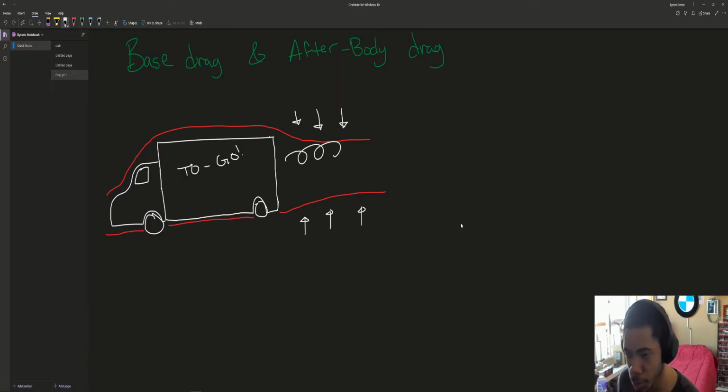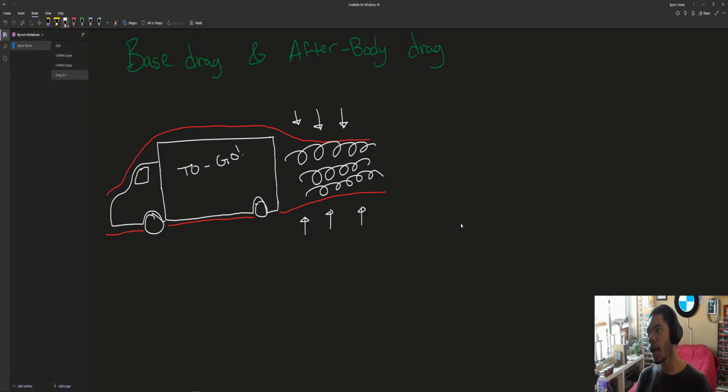So you have separated flow. And the separated flow means that you have this existing low pressure region, because the air didn't get back together there to go back to the same speed as it once was in the front. Remember we talked about D'Alembert's paradox? The idea is that if you start with a certain amount of volume and mass of air in front of the truck, if it gets to the back of the truck, you should have the exact same conditions. But due to things like separation, that's not always the case.